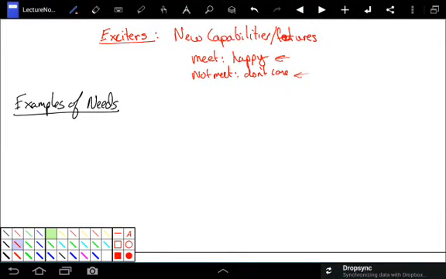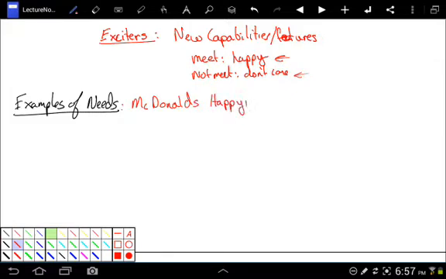So let's quickly do a few examples of needs we might find. Let's again talk about McDonald's Happy Meals. Happy Meal toys. I swear, at some point I'll get better at writing and talking at the same time.